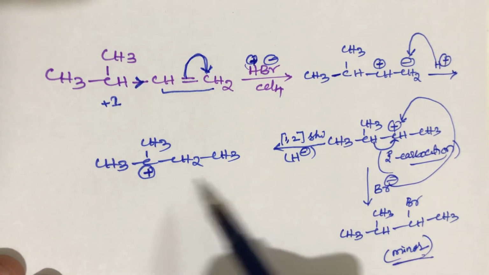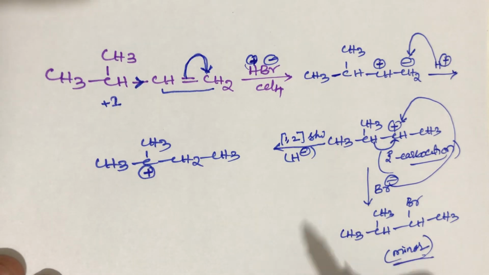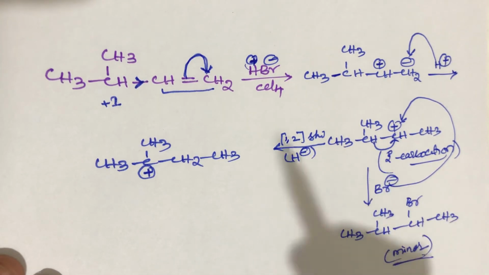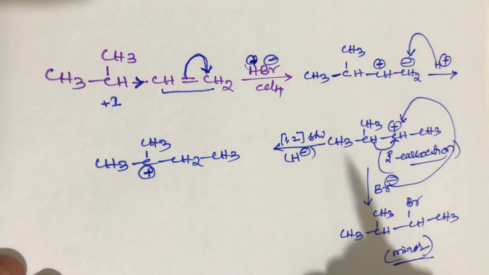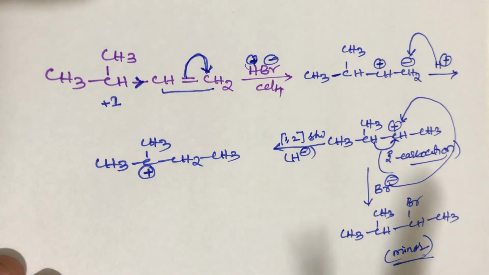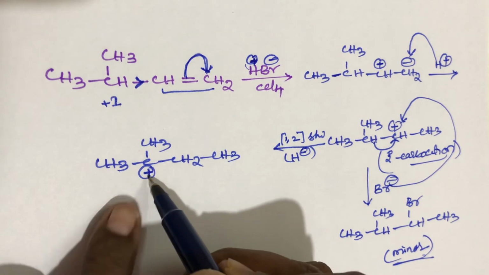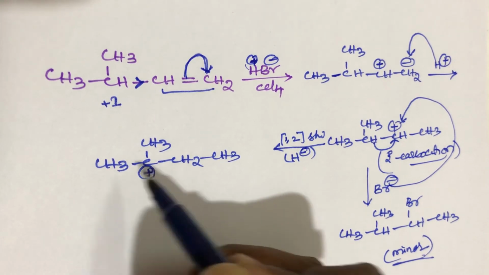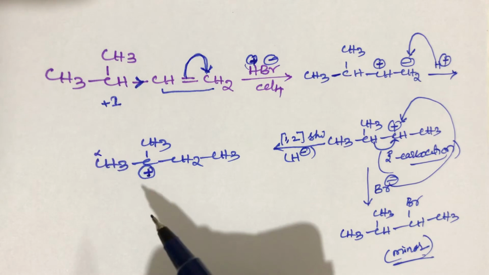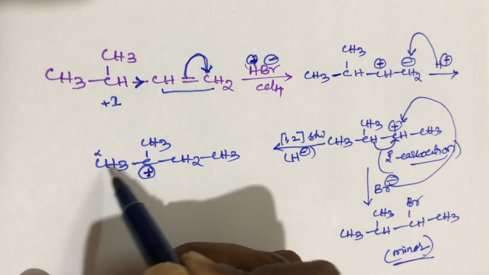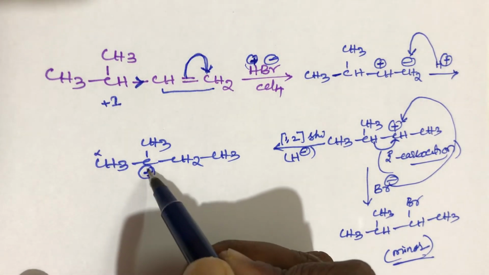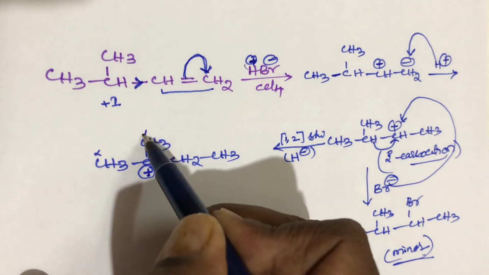What is the reason? A tertiary carbocation is more stable than a secondary carbocation due to hyperconjugation. I already explained hyperconjugation in other videos. To count hyperconjugation, the carbon beside the positive charge is called the alpha carbon, and the alpha carbon has alpha hydrogens. Around this positive species there are 3 alpha carbons.